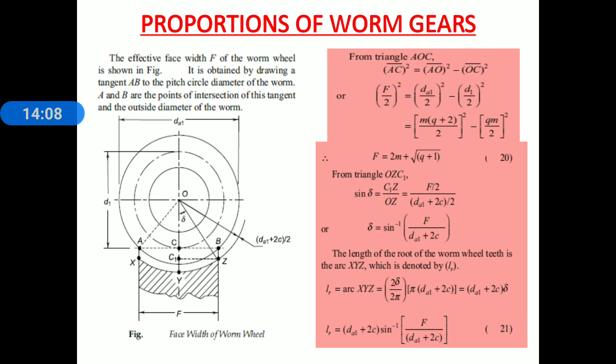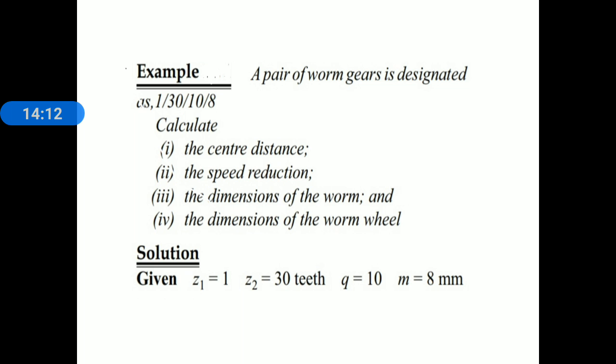This is the whole tooth proportions for worm gears. Now let me solve one problem based on terminology and proportions of worm gears. Everyone carefully read this problem statement. A pair of worm gears is designated as 1/30/10/8.